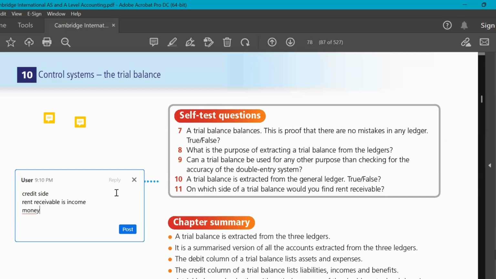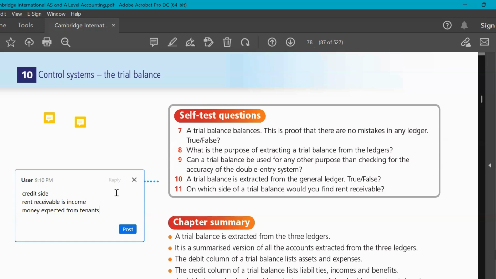It's the money expected from tenants, so it's an income, and income always appears on the credit side of the trial balance. Rent receivable is the cash that you're expecting from the people who are paying for the rent.